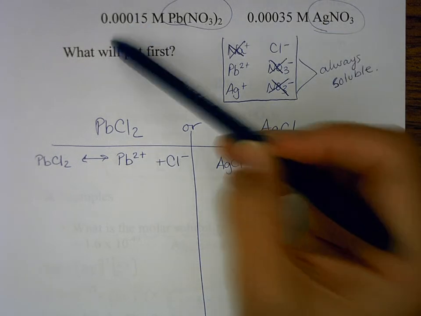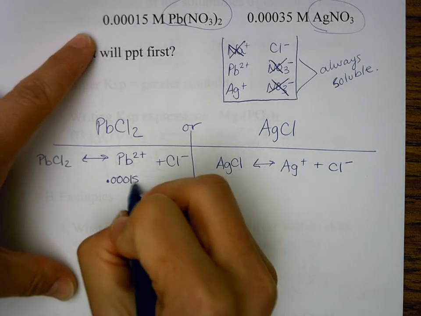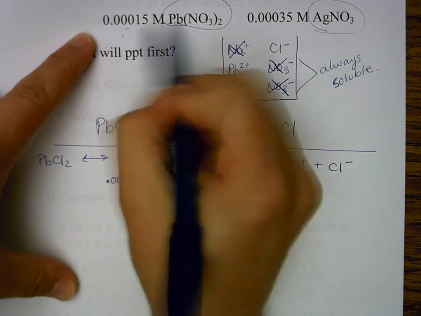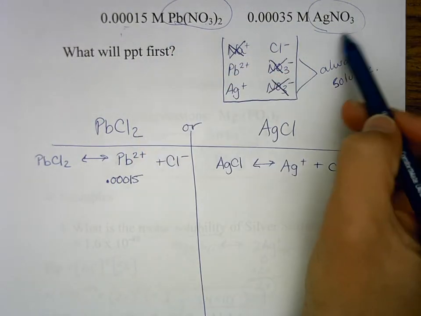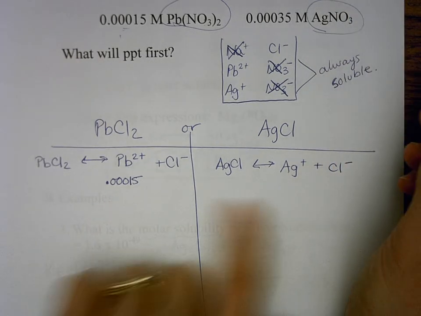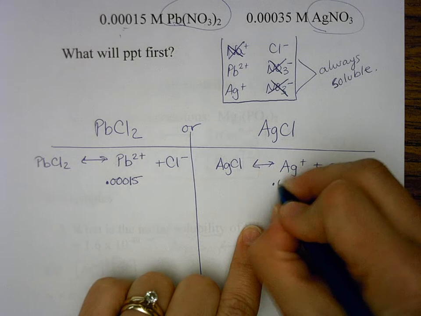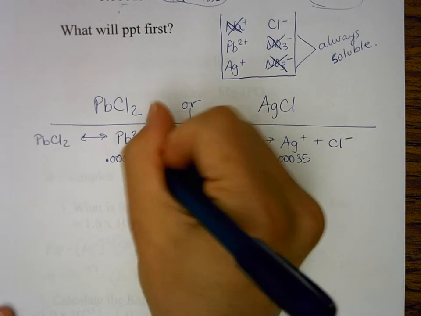So lead, I have 0.00015, and it's only because it's a 1-to-1 ratio. For every 1 lead nitrate, I have 1 lead, and for every 1 silver nitrate, I have 1 silver. So that's why these concentrations are the same. Silver, I have 0.00035 as my concentration.